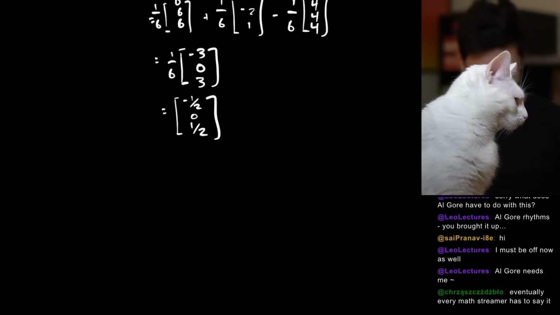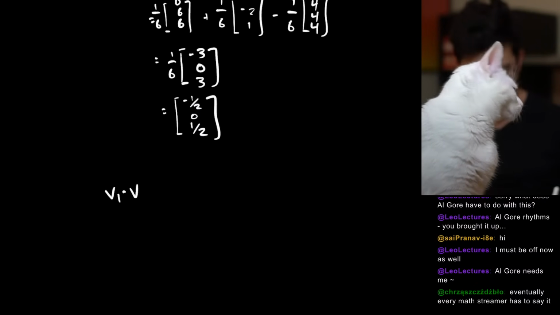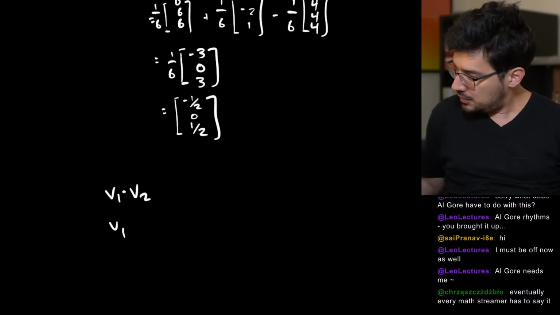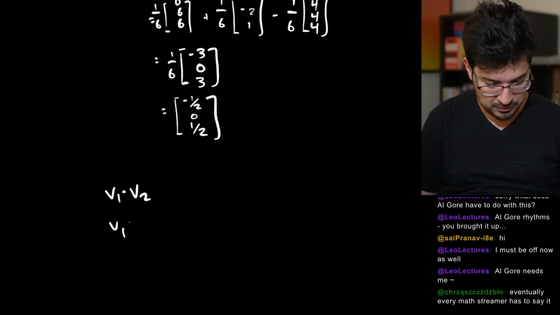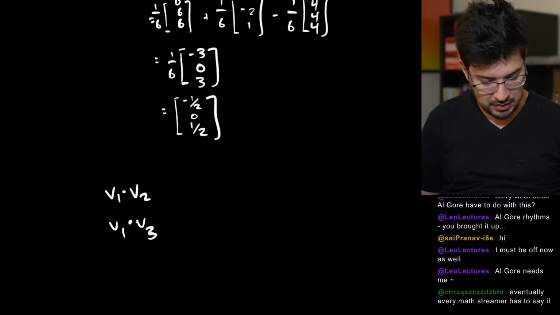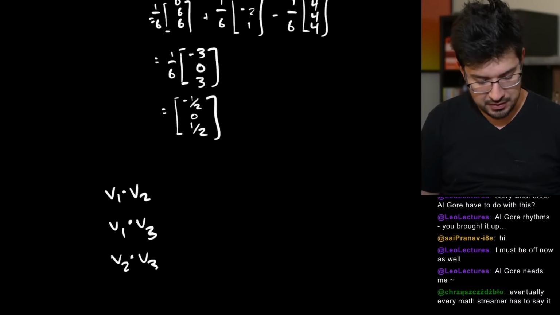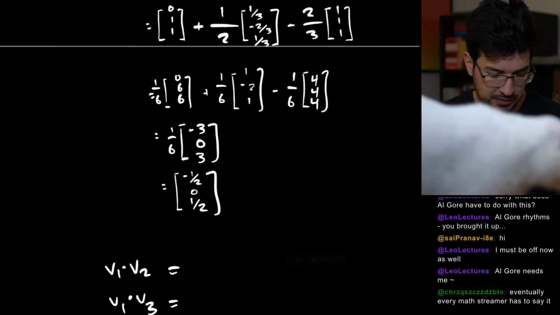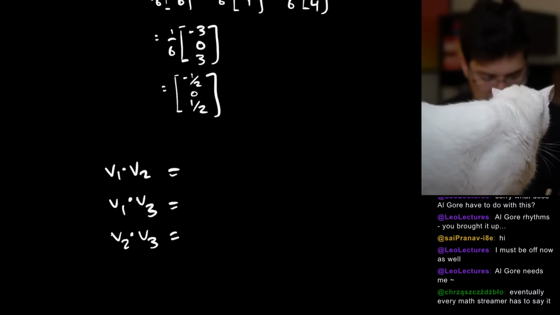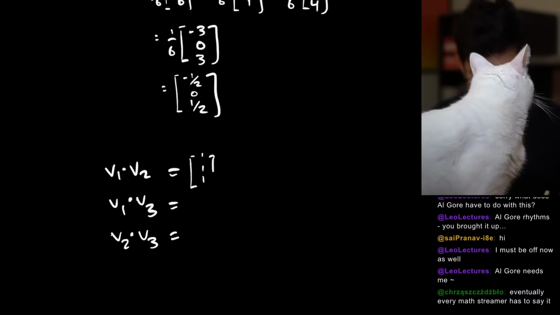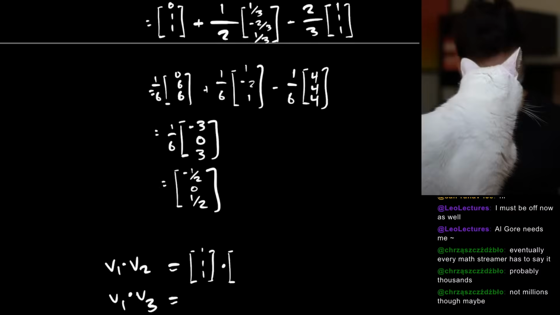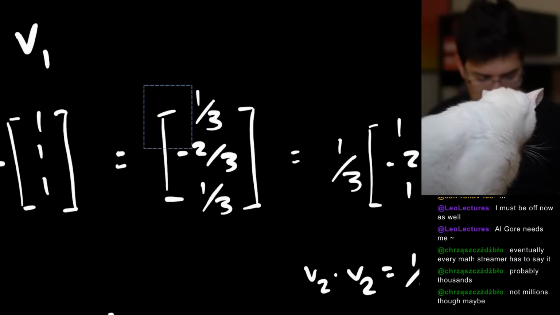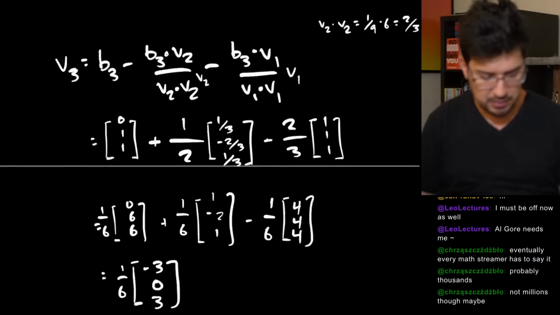But these are now pairwise orthogonal. So if I checked v1 dot v2 and v1 dot v3, and v2 dot v3, then that's all of the combinations of these. v1 dot v2 is 1, 1, 1 dot product with v2, which is 1/3, negative 2/3, and 1/3.